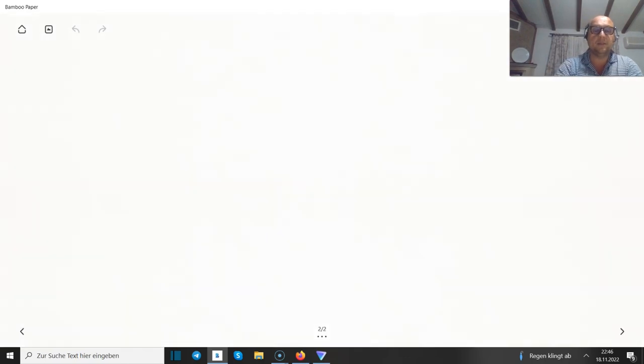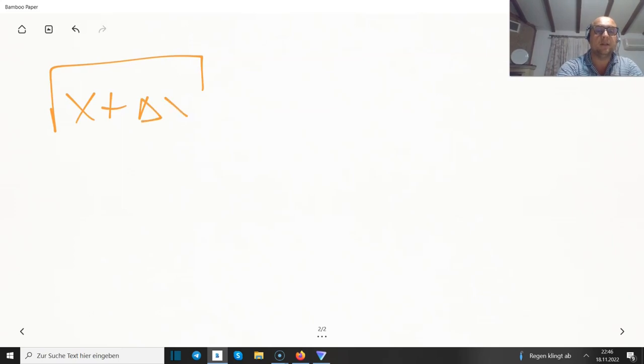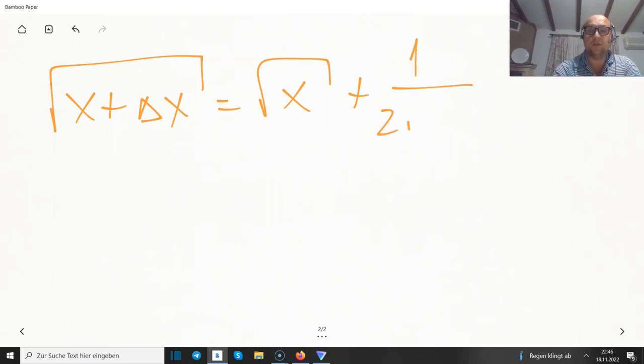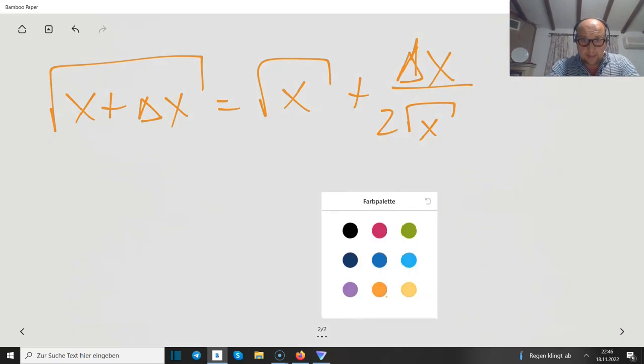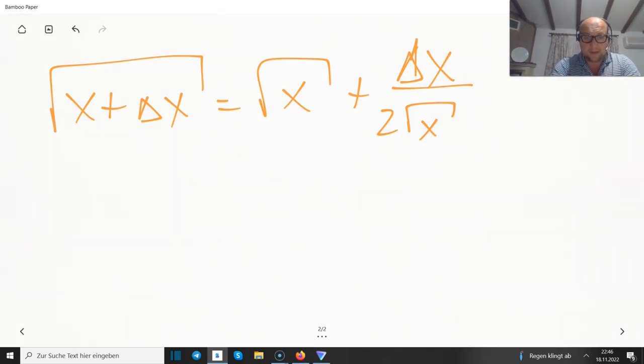So that means the square root out of x plus delta x would be square root out of x itself plus, well, the derivative 1 divided by 2 square root out of x times delta x, which I can write here. And it helps us to compute many values. Well, accurate enough. Let's see.